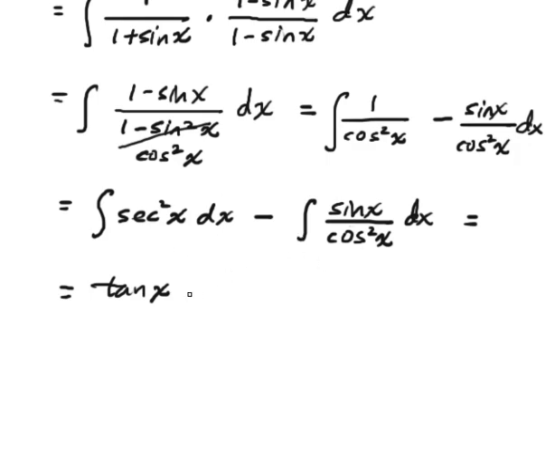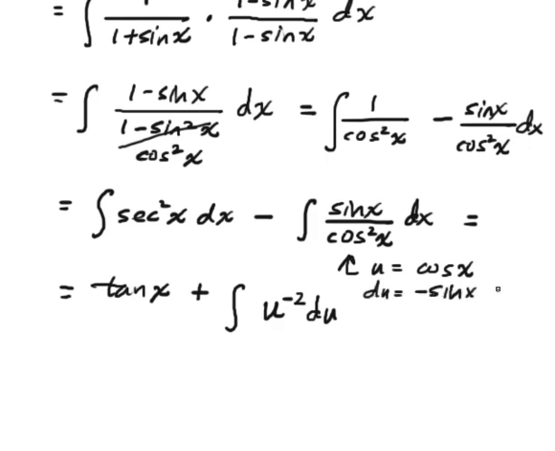And the second one, we could do a u substitution. Let's put u equal to cosine x. And so du is minus sine x. We have it right here. So we end up with u to the minus 2, and du is minus sine x dx. So let me put a plus over here and write du. Du is equal to minus sine x dx.